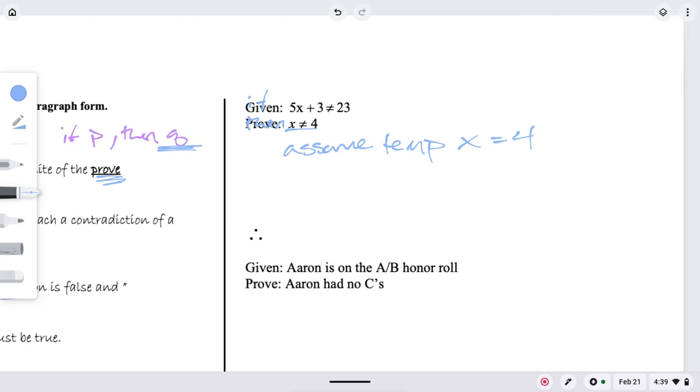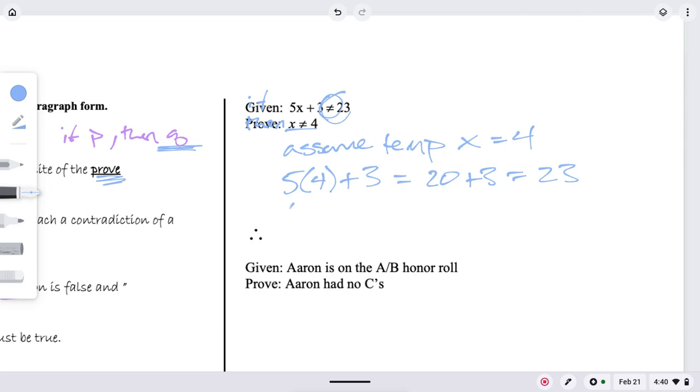Some known fact. So I'll plug in 4 for x in this case, because this is just an algebra problem. So I know that 5 times 4 plus 3. So 5 times 4 is 20 plus 3. Oh, that's 23. And I was not supposed to get 23 because literally it says not equal to 23 up here. So already I'm contradicting that given, right?